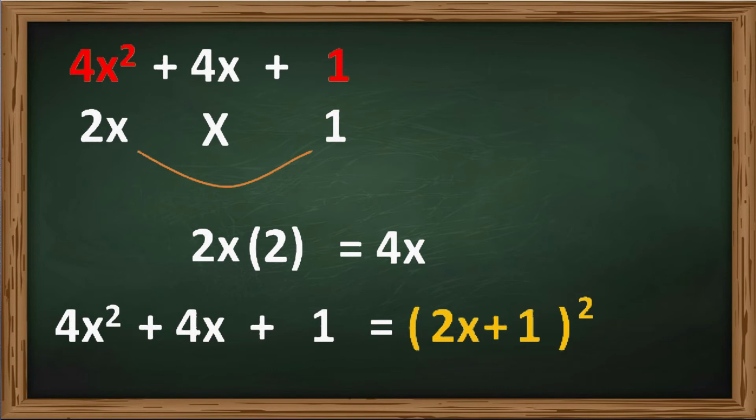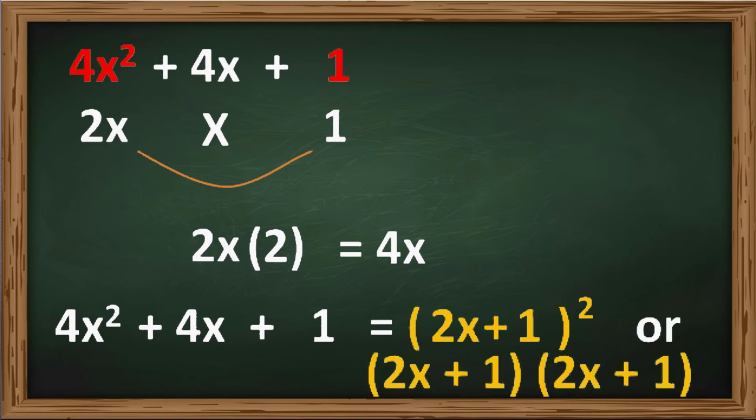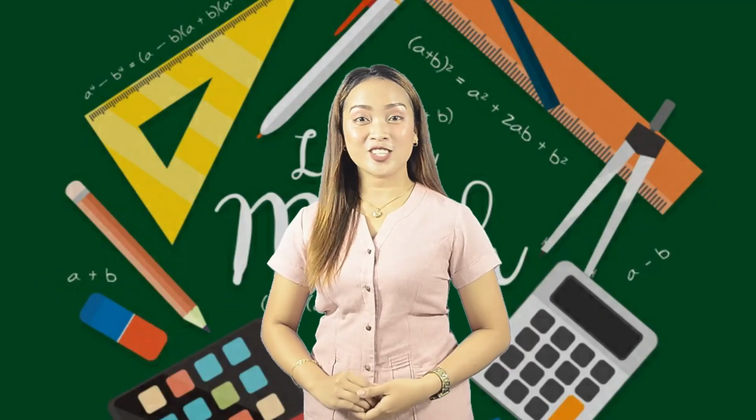Or we can have quantity 2x plus 1, quantity 2x plus 1. And this is our final answer. The factor of 4x squared plus 4x plus 1 is quantity 2x plus 1 squared, or quantity 2x plus 1, quantity 2x plus 1. Great job!